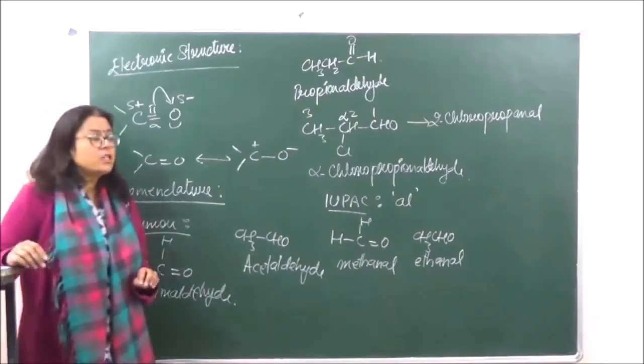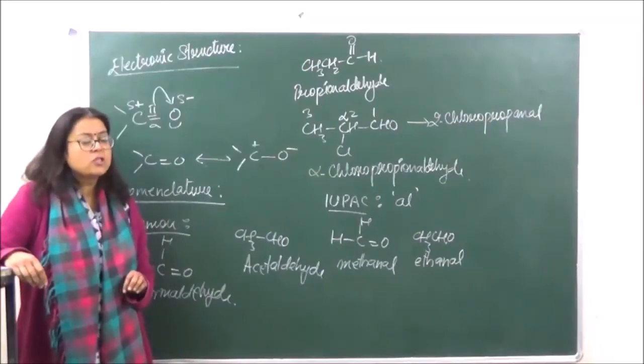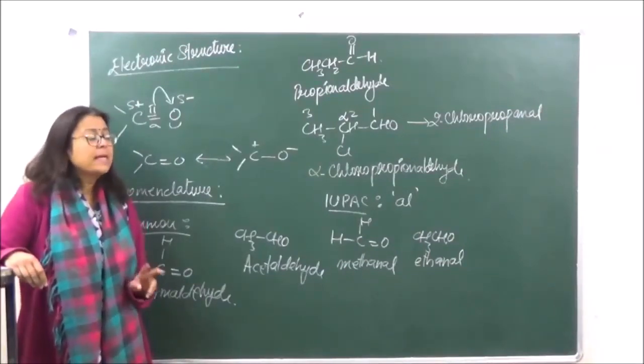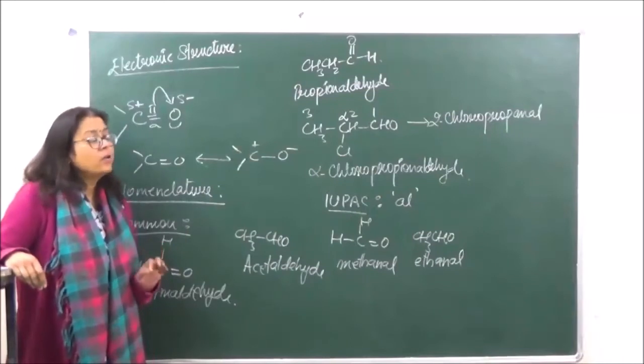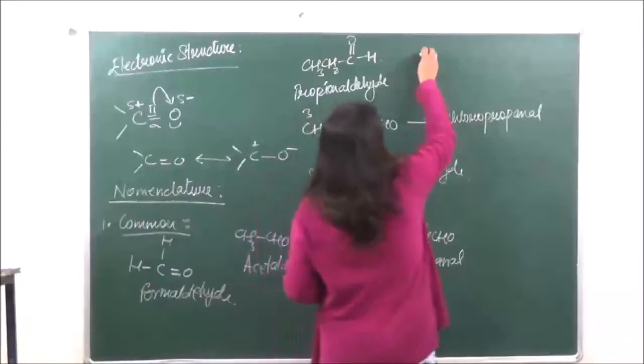CHO is a terminal functional group. Whenever CHO is present in a chain, it is always going to get number 1, even though we are violating the longest chain rule.